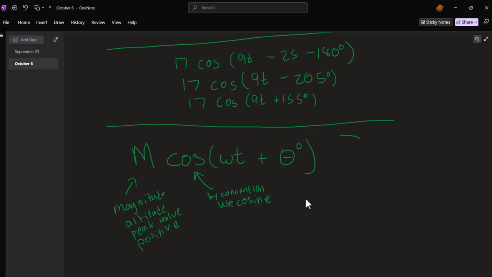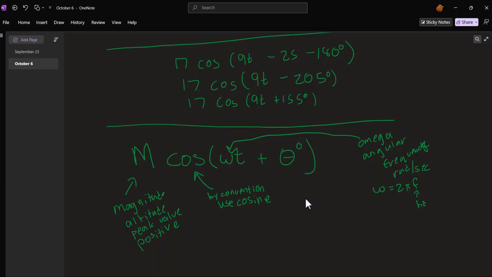The number in front of the t is the Greek letter lowercase omega, and it is the angular frequency. The angular frequency is in radians per second, and it's related to the frequency by omega equals 2 pi f, where f is in hertz, or per seconds.